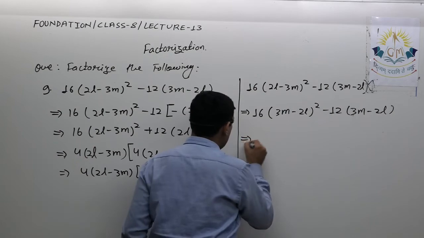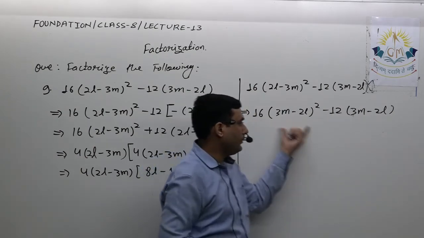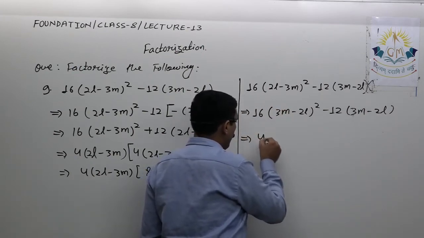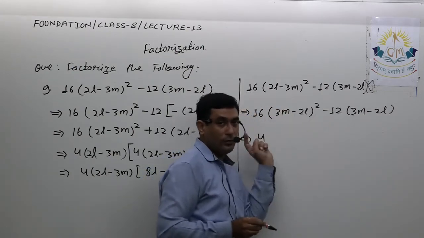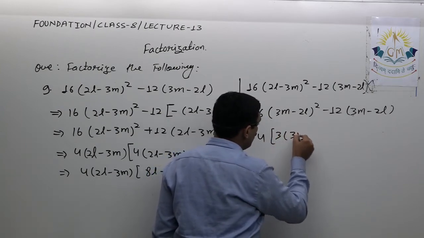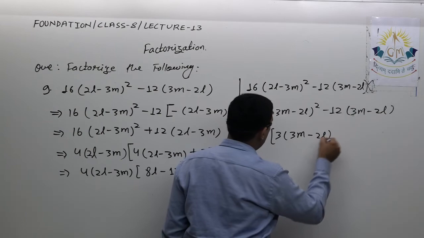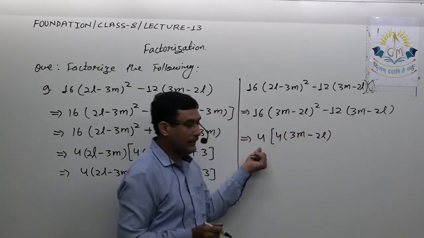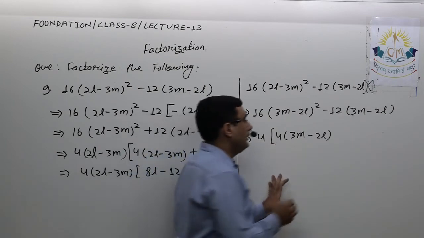Okay, now it is easy to take common. Here it is 3m minus 12, here again it is 3m minus 12. 4 I can take common from the numeric values. So if I take 4 common, here I will get 3 into 3m minus 2l. Sorry, 4, because this is 16. So when I take 4 common, 4 will be left over here.